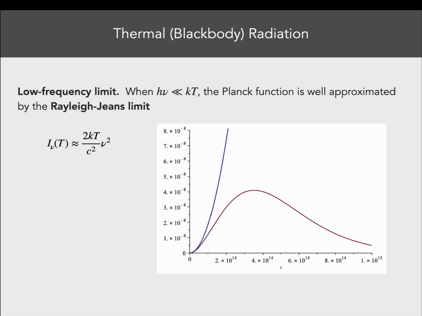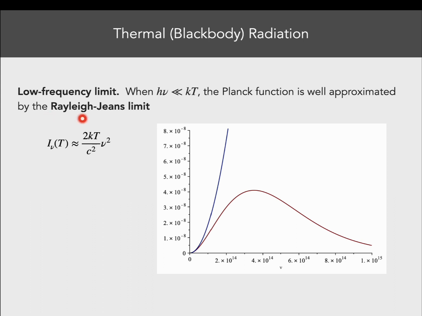So one final note, this is an interesting result that comes up in radio astronomy quite a bit. When you go to the low frequency limit, so when h nu of the radiation is much less than kT, remember kT is an estimate of the energy of a thermal system, the Planck function is well approximated by the Rayleigh-Jeans limit.